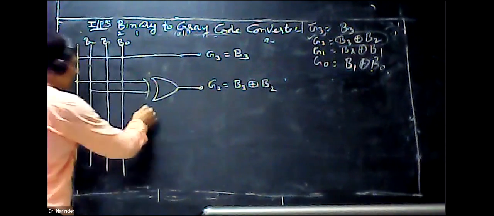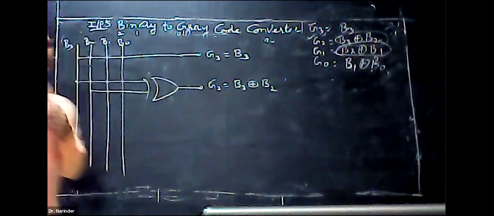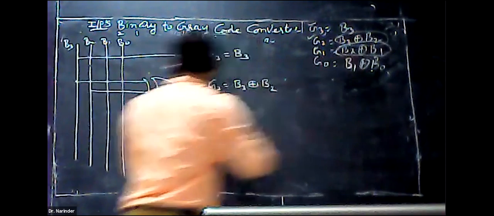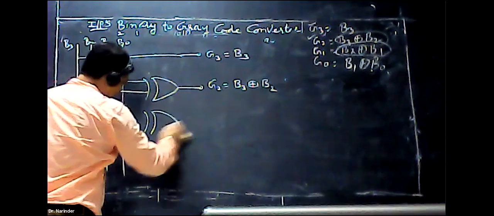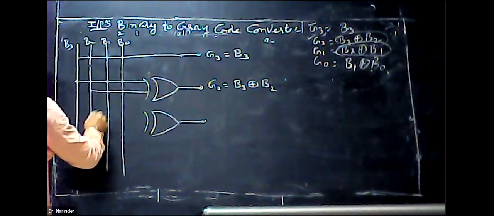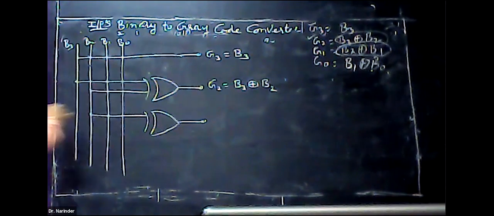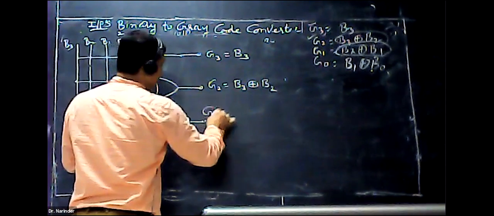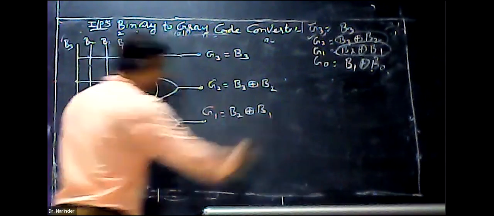Next is G1. This G1 is B2 XOR B1. Again, another XOR gate. B2 connected to B2, then B1, you will get G1 is B2 XOR B1.